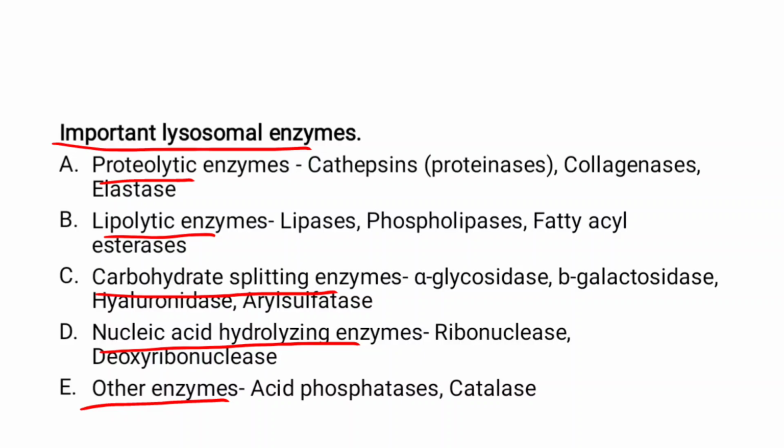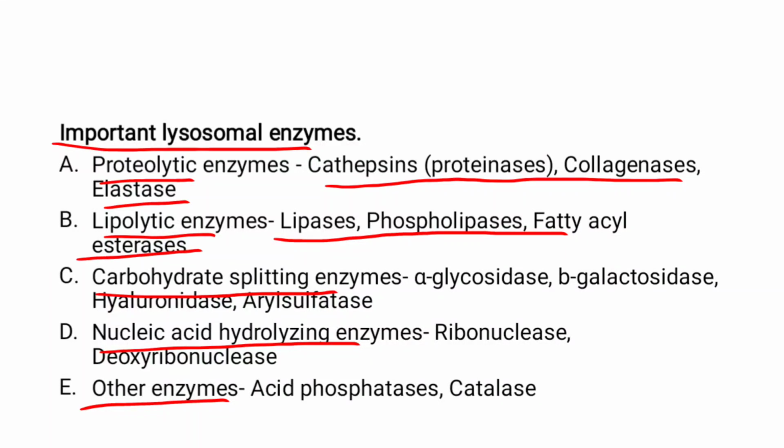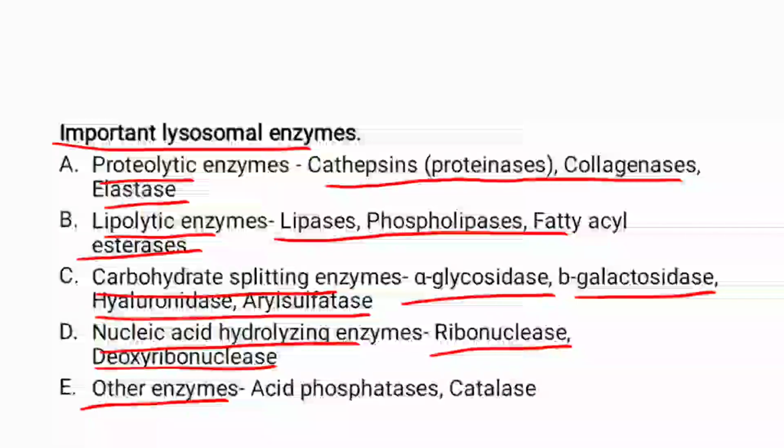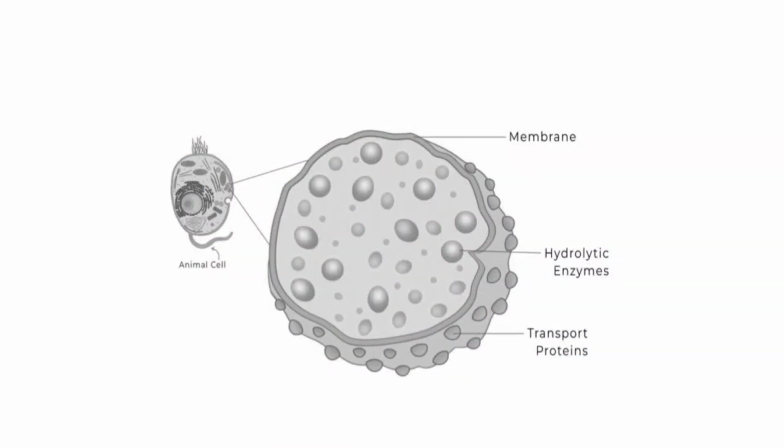Some of the proteolytic enzymes are cathepsins, collagenases, and elastases, whereas lipolytic enzymes are lipases, phospholipases, and fatty acyl esterases, whereas carbohydrate splitting enzymes are alpha glycosidase, beta galactosidase, hyaluronidase, and aryl sulfatase, whereas nucleic acid hydrolyzing enzymes are ribonuclease and deoxyribonucleases. So this is the structure showing the membrane, the hydrolytic enzymes, and the transport proteins of lysosomes.